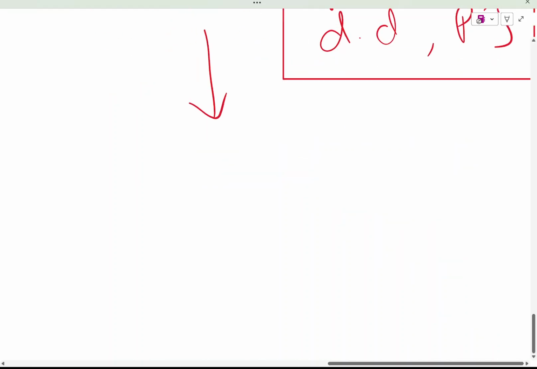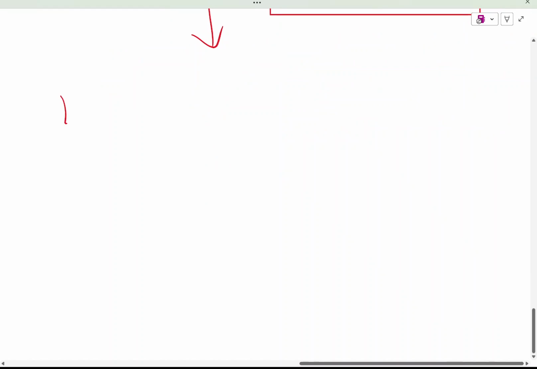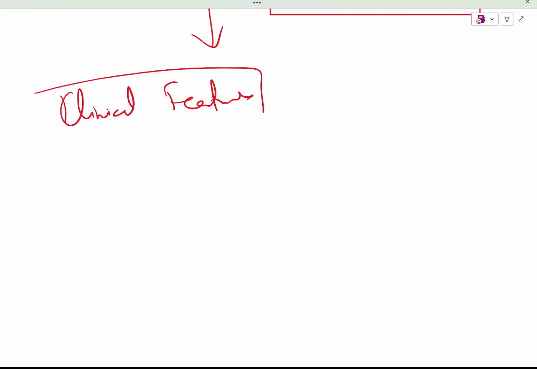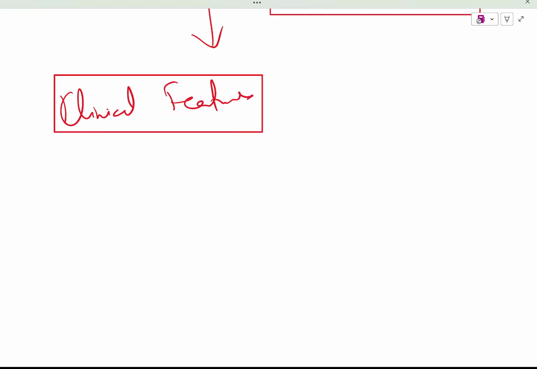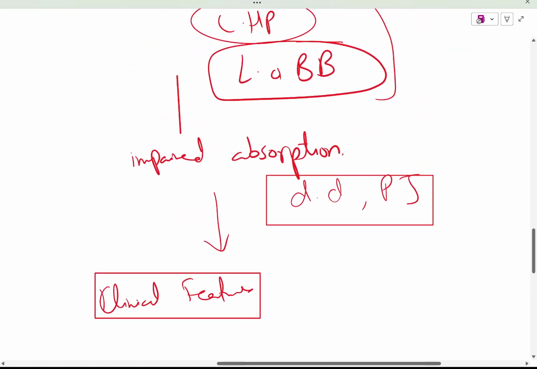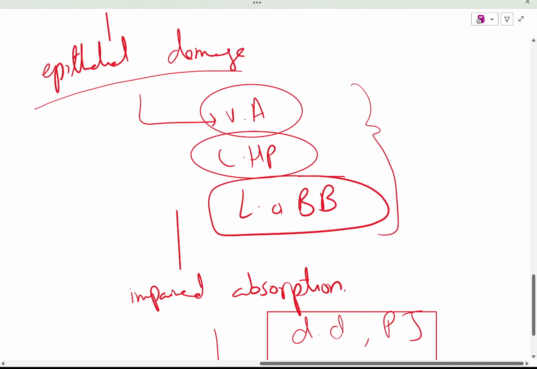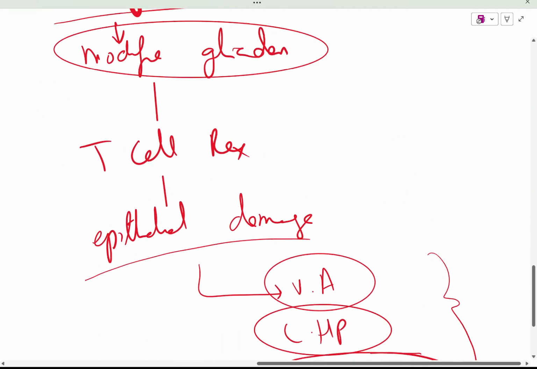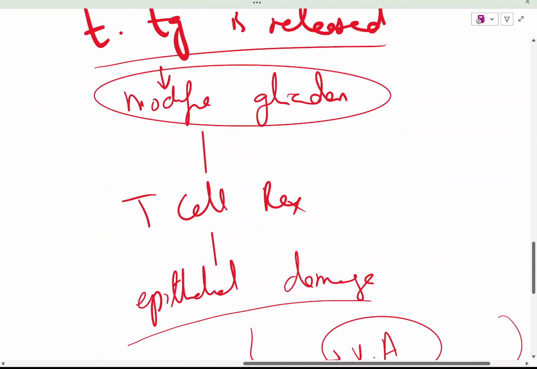So we are going to discuss clinical features. How does a celiac disease patient present? You understand the pathophysiology. A patient consumes a gluten or gliadin containing diet. What will happen? The body produces tissue transglutaminase. This tissue transglutaminase modifies gliadin. This modified gliadin activates T cells.